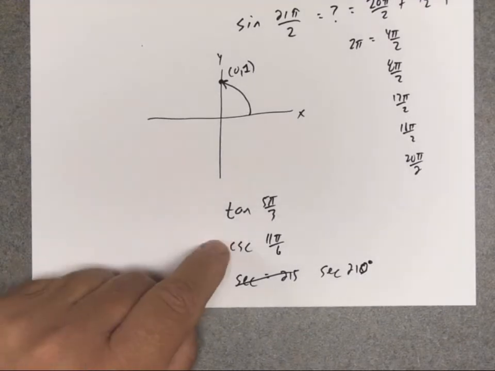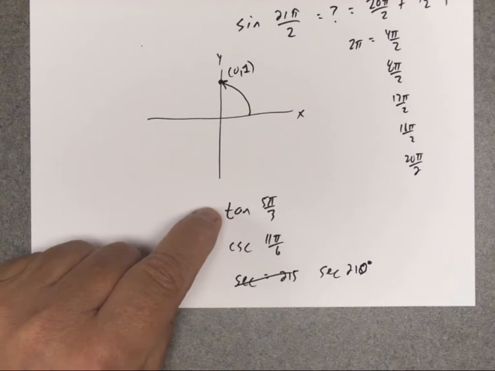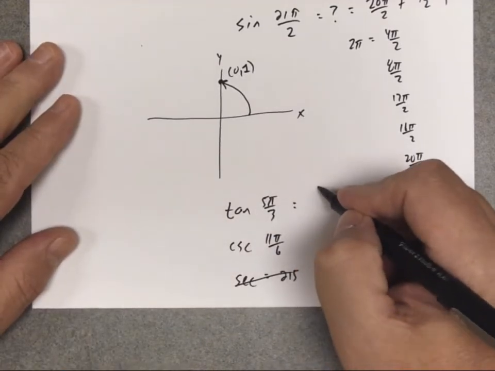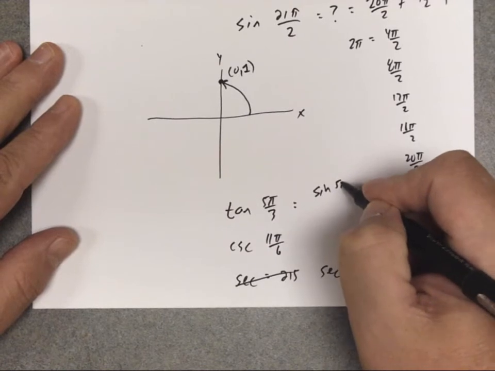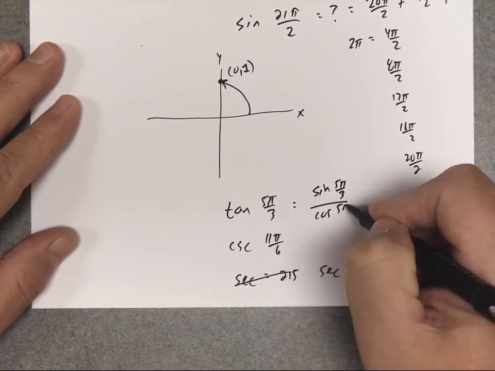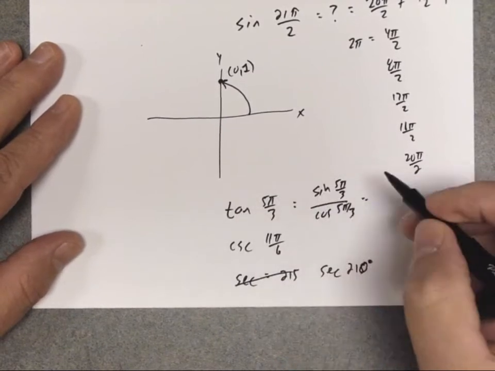The way we're going to determine these is by, in our mind, we know the unit circle. I'm going to show you how quickly, hopefully, I can do this because I've learned the unit circle. Anytime I have a tangent, it's sine over cosine.